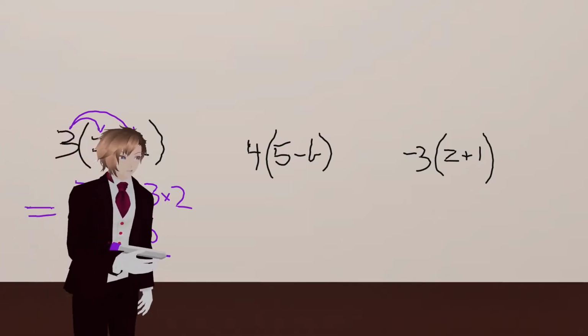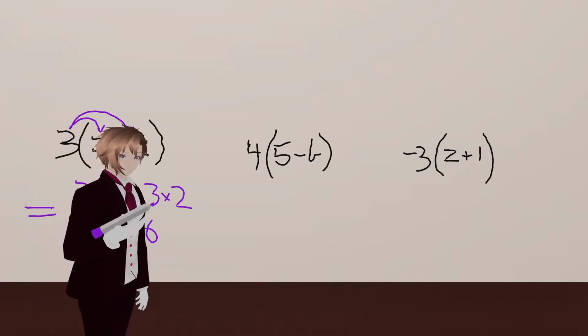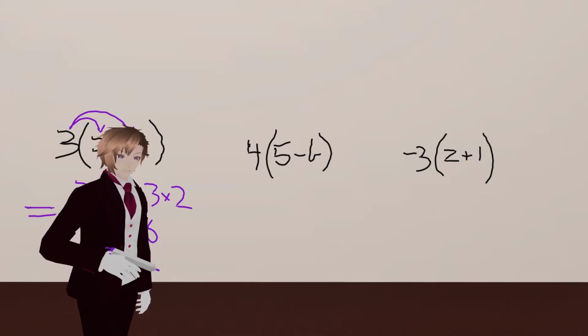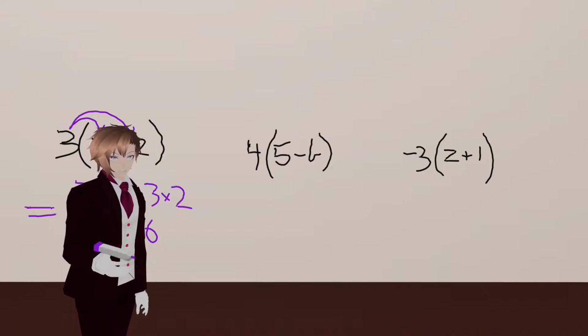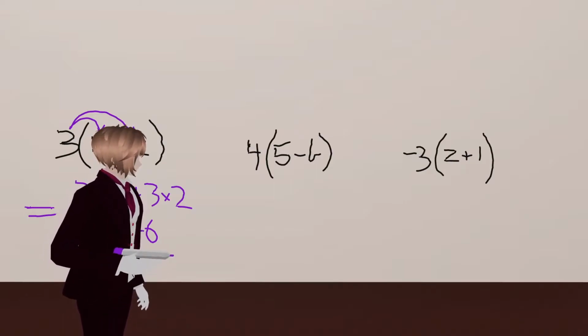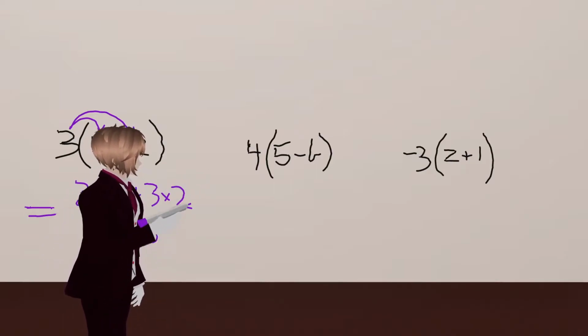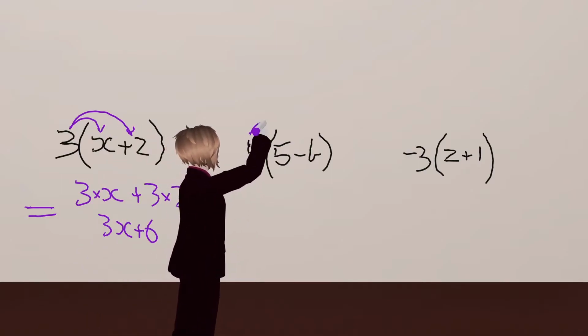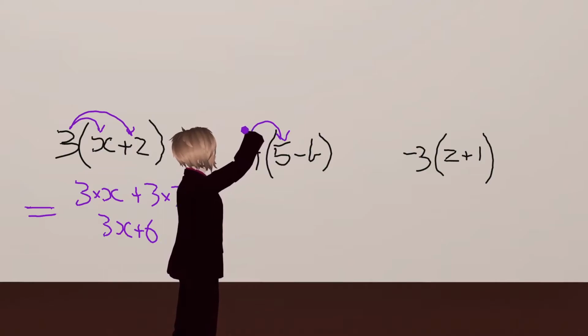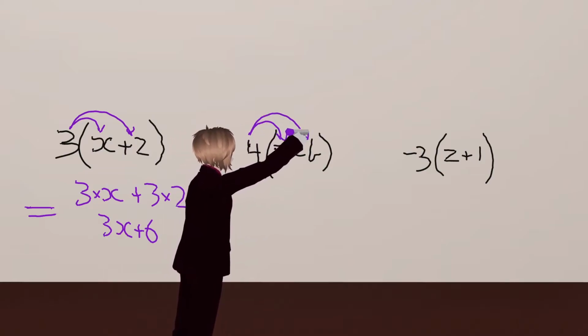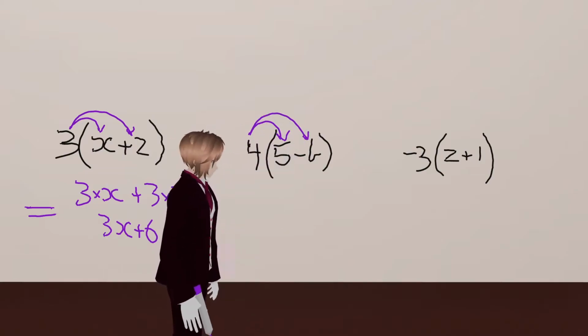Now in this next example, we have some negative numbers. There's a few tricks you can do to make sure that you get the correct answer and that you don't forget a negative. So here in this one, we have 4, and we're going to times by 5, and we have 4, and we're going to times by negative b.